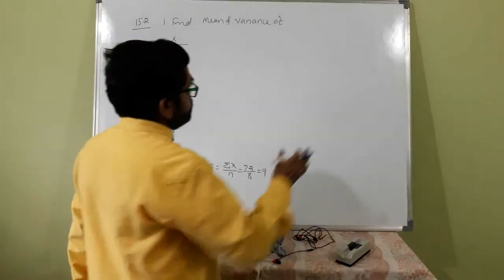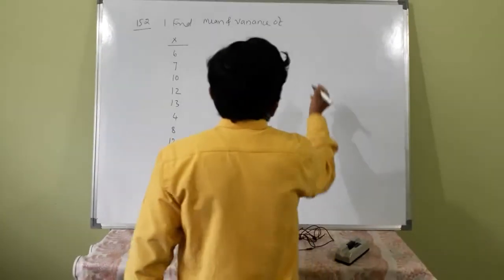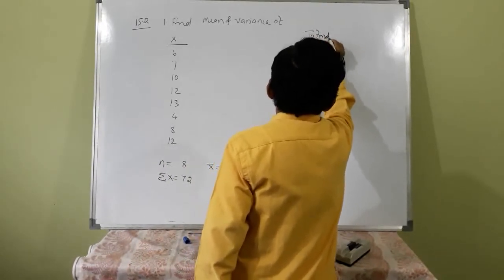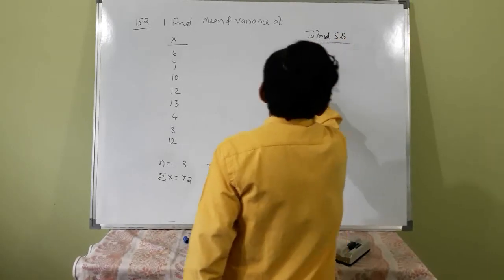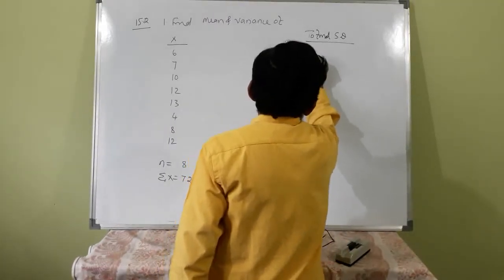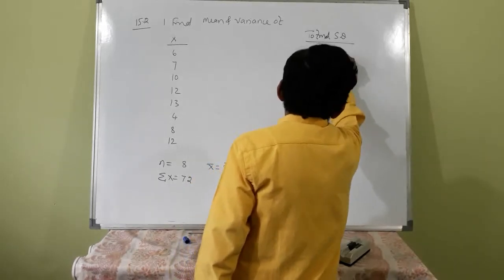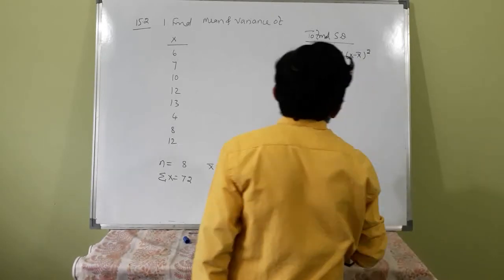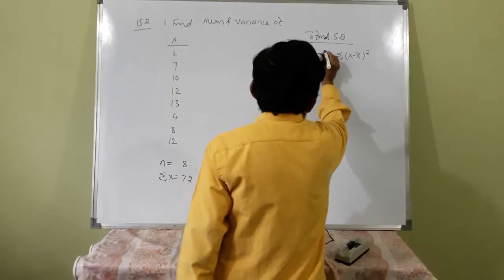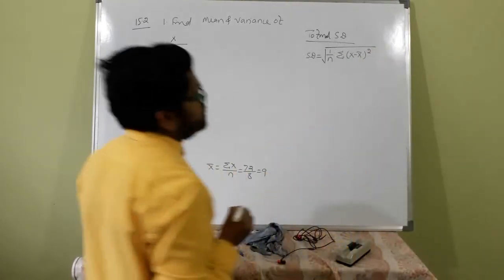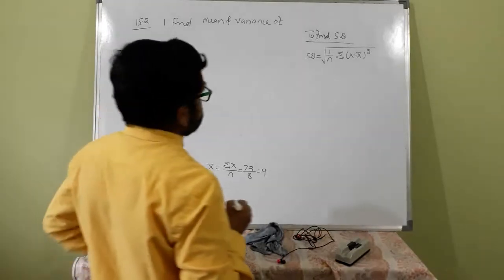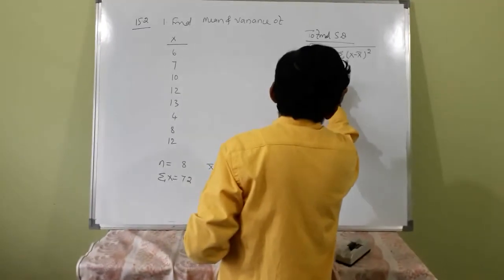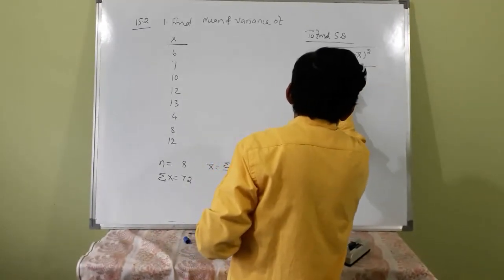Okay. Now, to find the standard deviation: standard deviation is equal to the square root of 1 by n into summation x minus x bar whole square. Since there is no frequency, no f, this is equal to 1 by 8, n is 8.